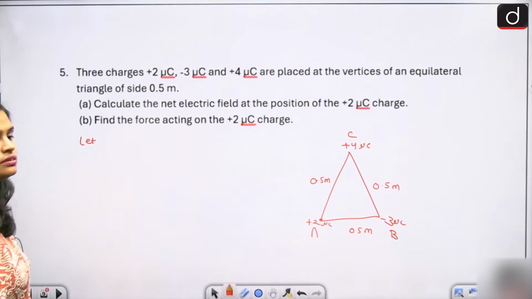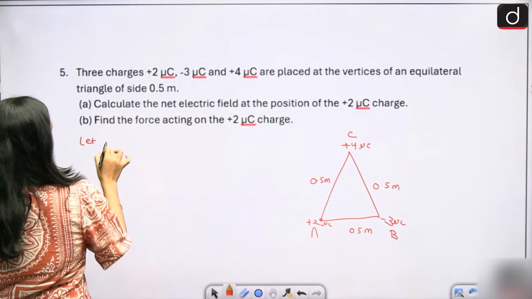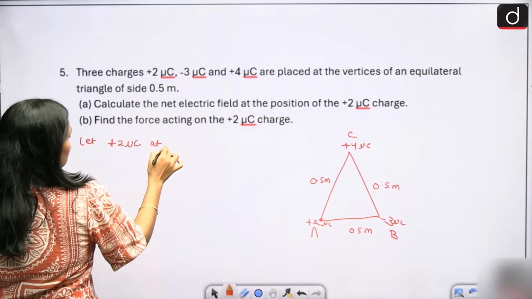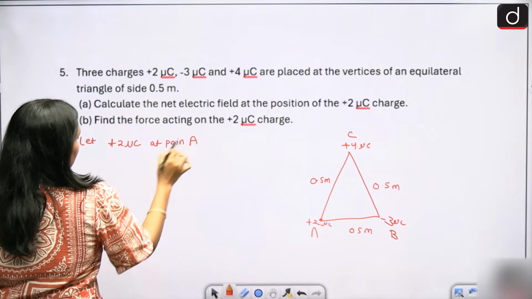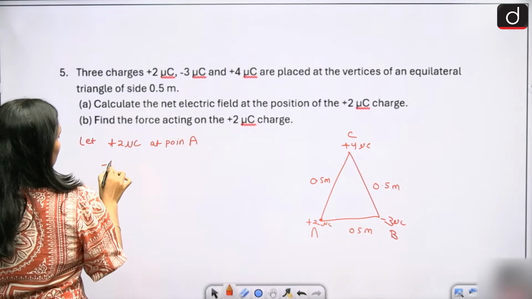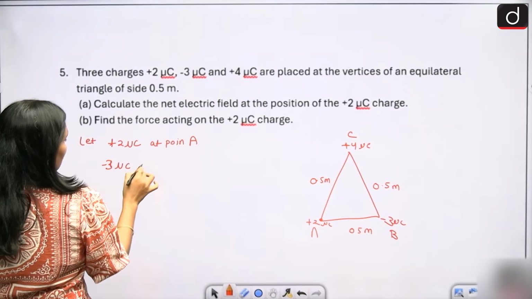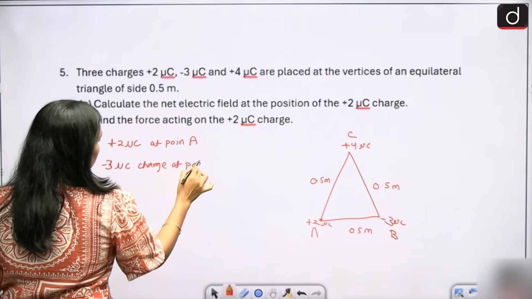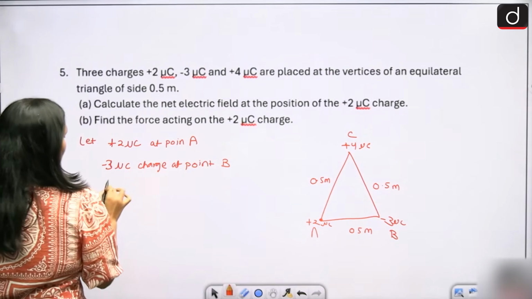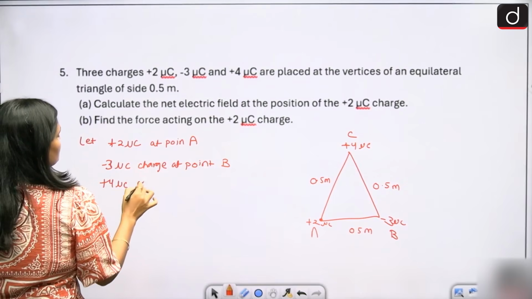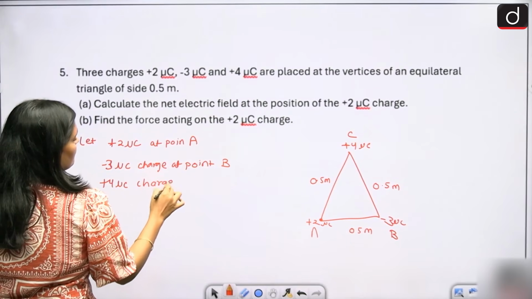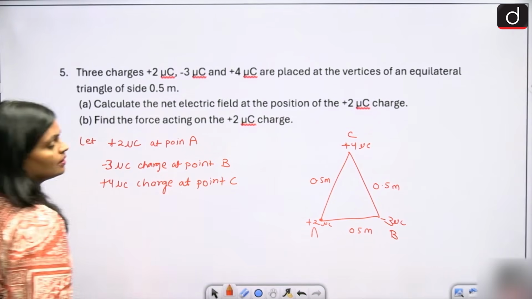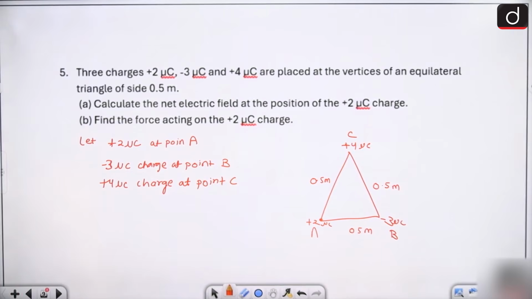So, first of all, let +2 mu c charge be at point A, -3 microcoulomb charge at point B and 4 mu c charge at point C, right?